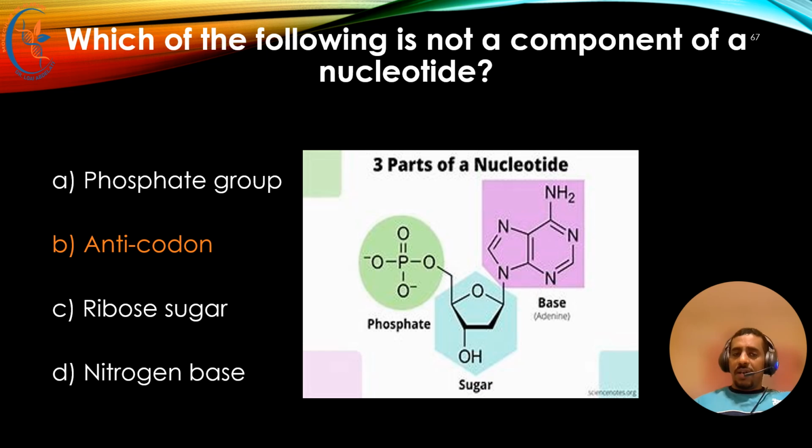This is the 5-carbon sugar, which is deoxyribose in DNA and ribose in RNA, and also a phosphate group. This group is attached to the sugar molecule and helps form the backbone of the DNA or RNA strand. So the correct answer is anticodon, which is not a component of nucleotides.